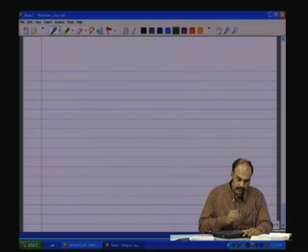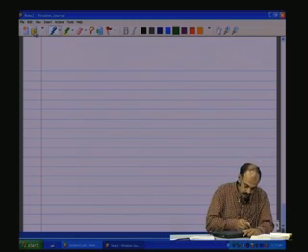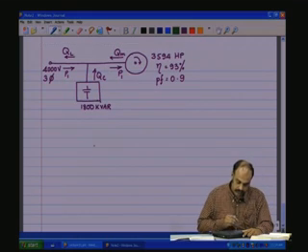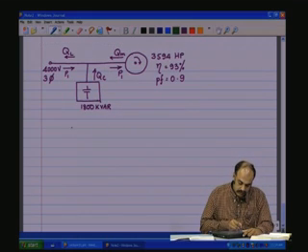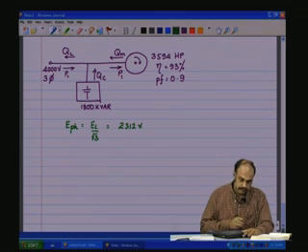Now, if we look at the vector diagram, let me have this in picture. The motor is generally star connected, and therefore, the phase voltage is given by line voltage divided by root 3, which is 2312 volts.